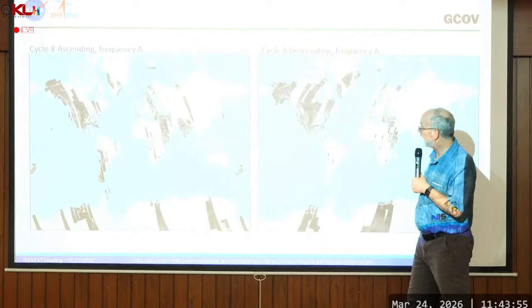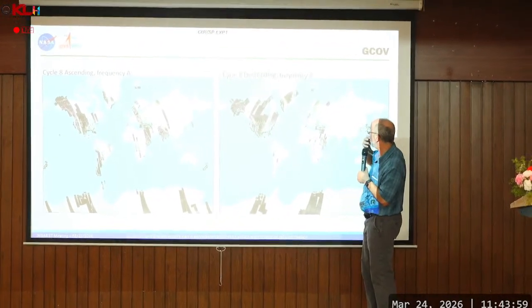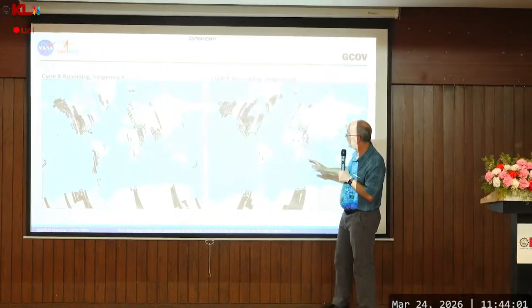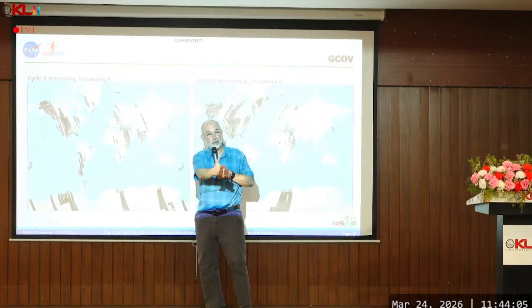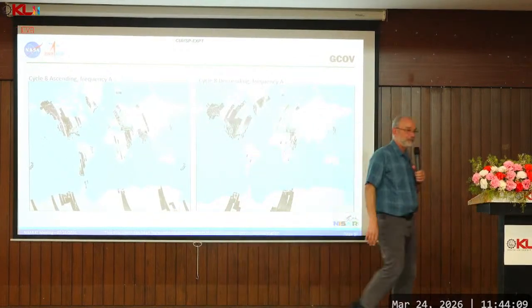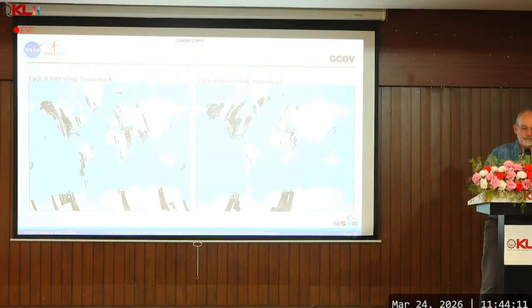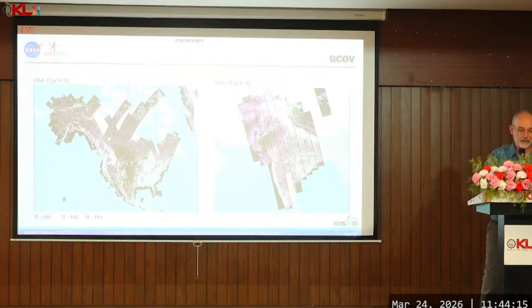And again, the uniformity of the brightness is pretty good. This is not the greatest rendering. But please take a look over India. You can see, as you saw earlier, there's plenty of products to look at. And there's the United States and India, similar to what Narayan showed earlier.